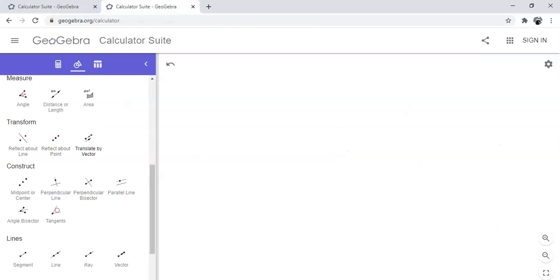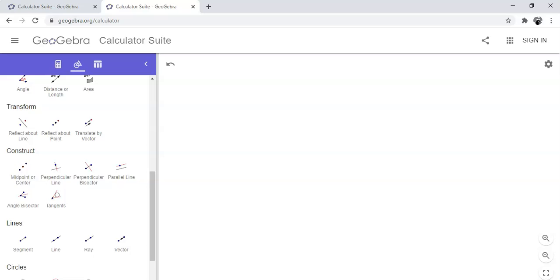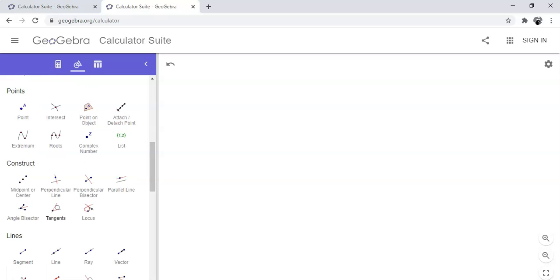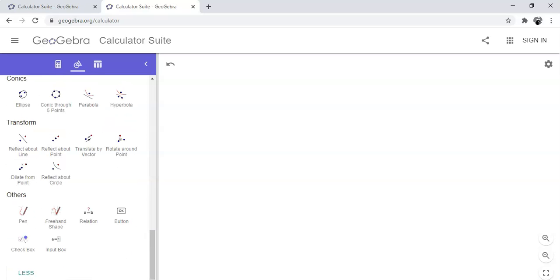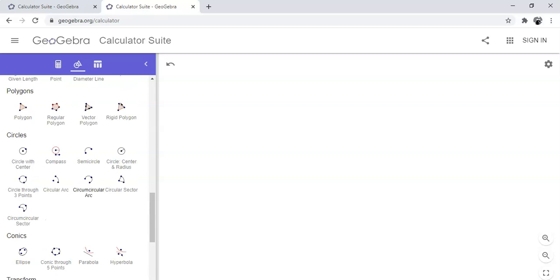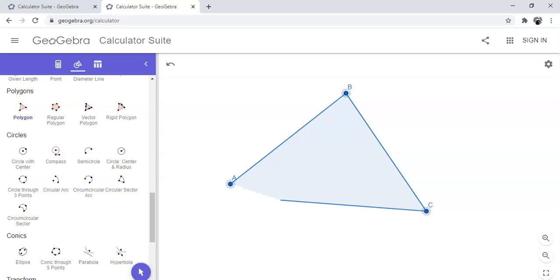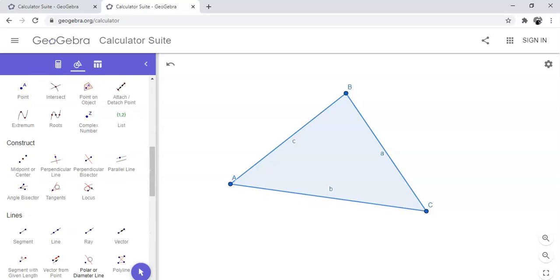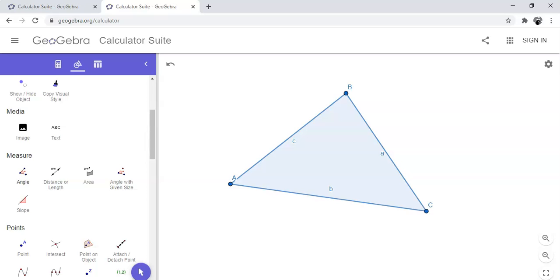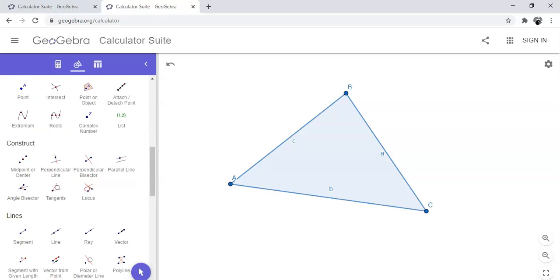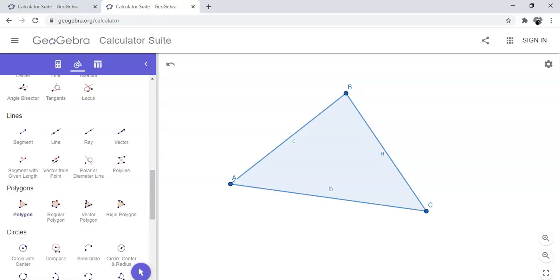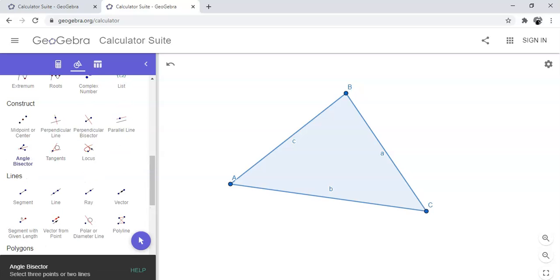Now, how does this relate into a triangle? So let's draw a triangle and draw in its angle bisectors. So polygon, we have a triangle. To measure an angle, we have construct angle bisectors.